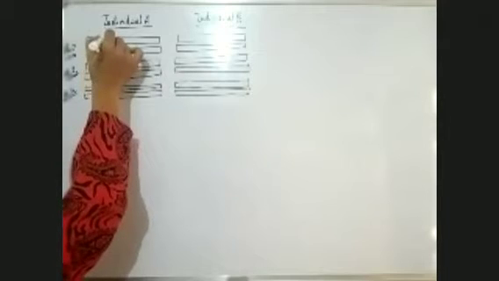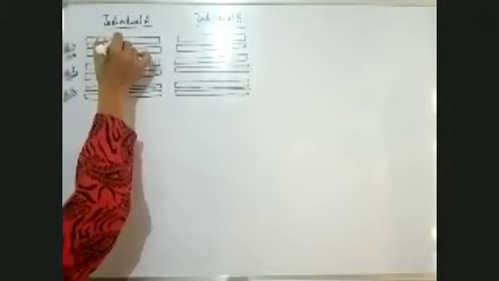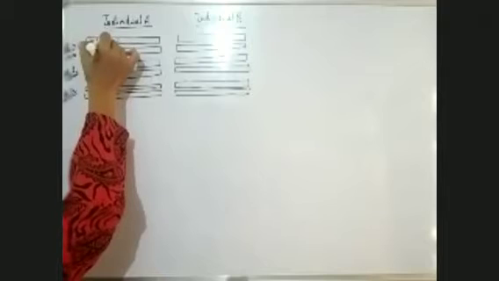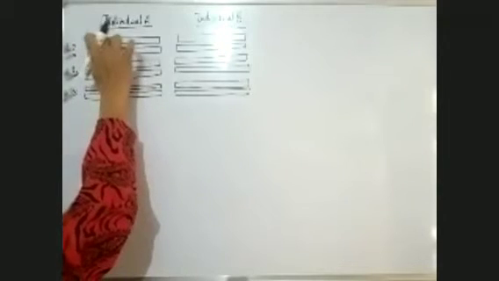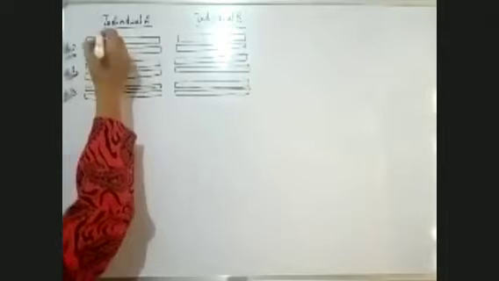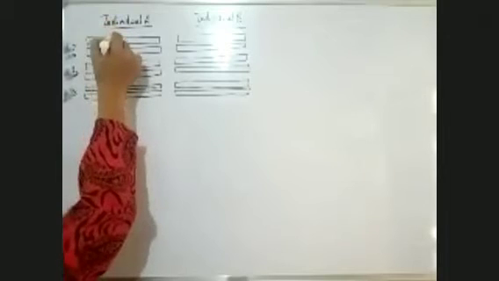Now, the VNTRs, the repeated sequences, in all these chromosomes. In chromosome 7, there are 3 repeated sequences: 1, 2, and 3. I should use something else so you can see it clearly.